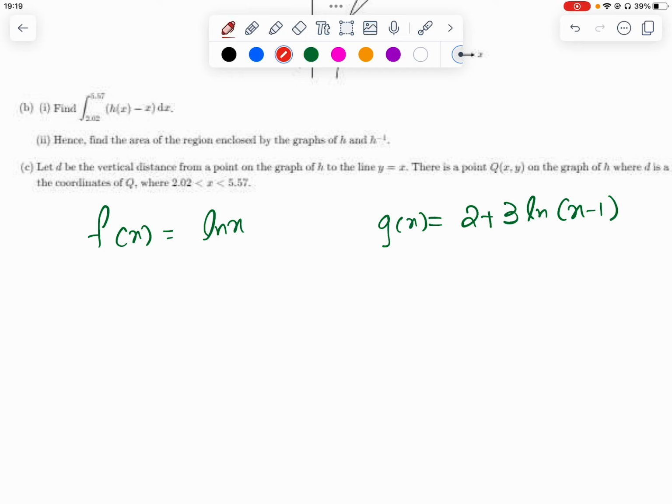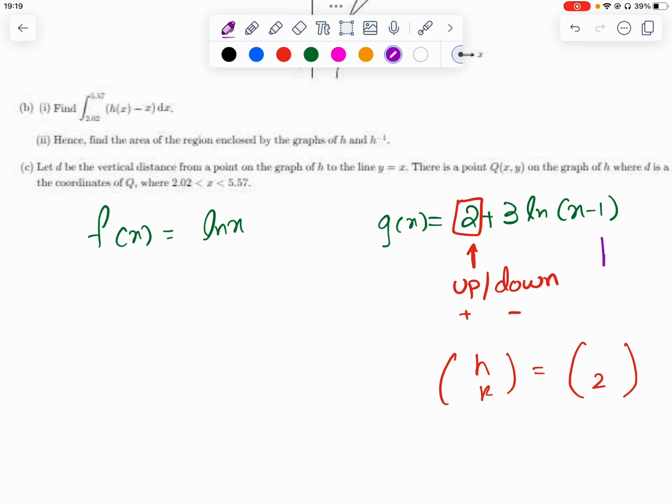The number outside, 2, represents whether it is going up or down. If it is positive, up; if it is negative, down. So h comma k is x comma y, so the k value is going to be 2.